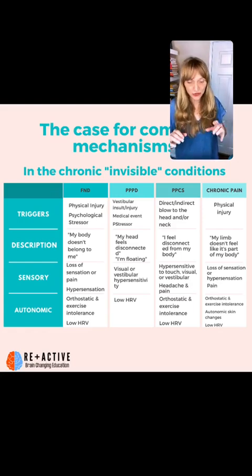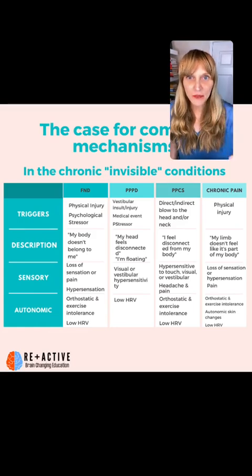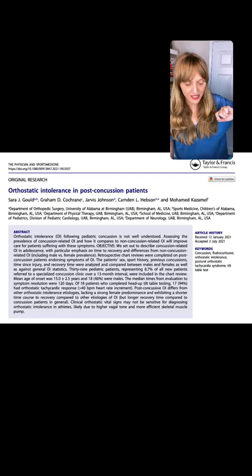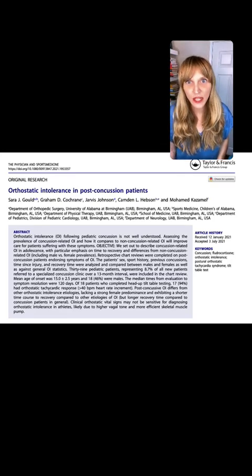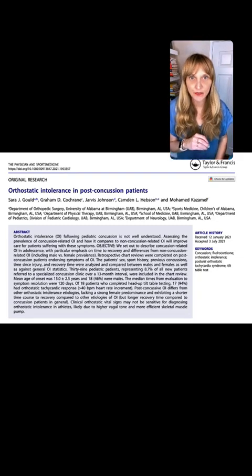So I want to show you one of the pieces of the literature in the concussion world. So let me just grab that picture here from this article from 2021. It was looking at orthostatic intolerance in post-concussion patients. So people who had a concussion and they measured their orthostatic intolerance.